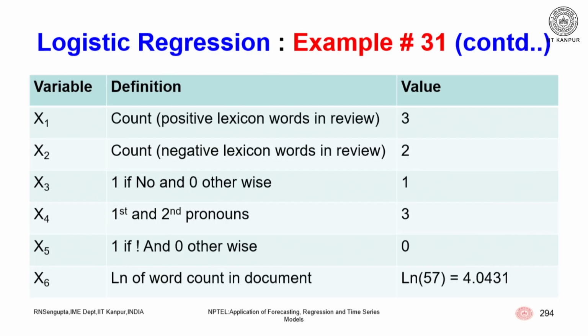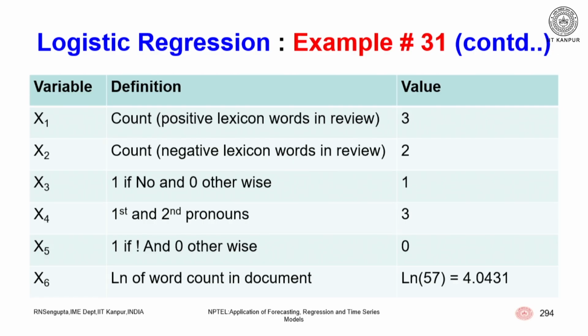X3: you assign 1 if the word no is used and 0 otherwise, which is very categorical, yes, no, good, bad. So that number is 1. The number of pronouns used, neither in a positive nor a negative sense, is 3. If exclamations, very good, very bad, or question marks are used, you assign points, which is x5, and that is 0.